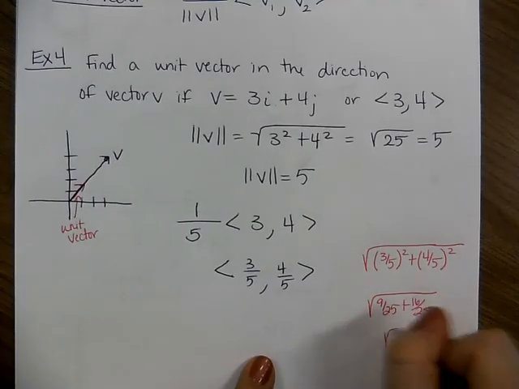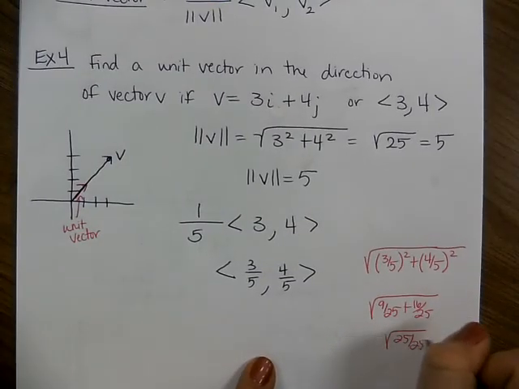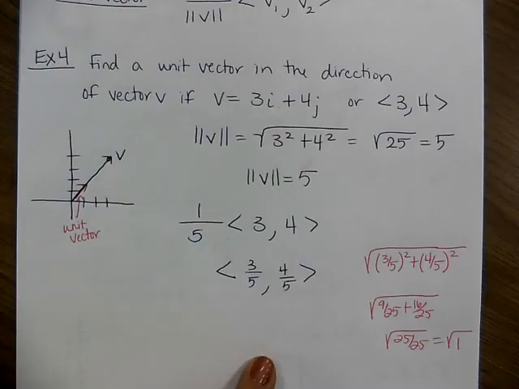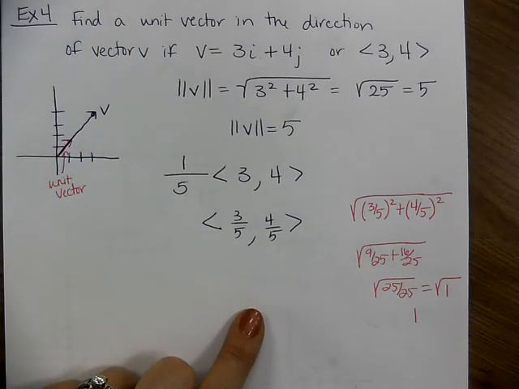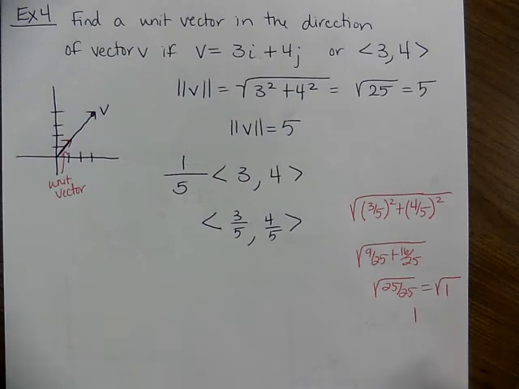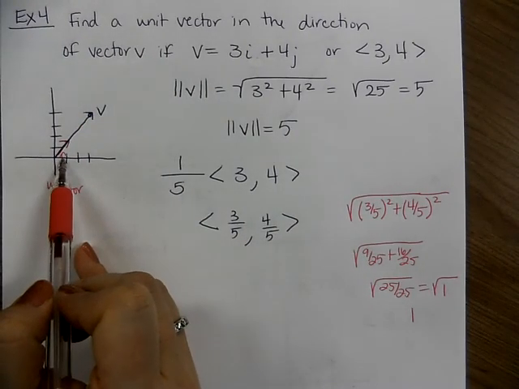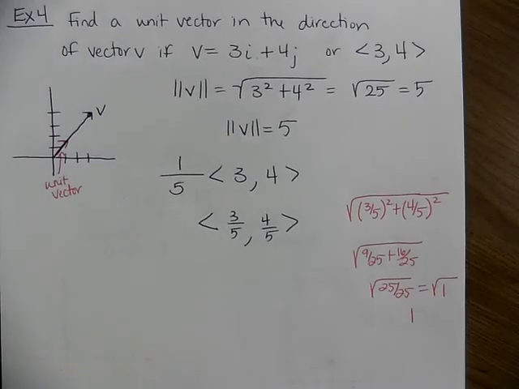What's 9 plus 16? 25. 25 divided by 25 is 1, and the square root of 1 is 1. So it checks out. That's a good check you could do if you're not sure you found the unit vector right. Notice it still has the same direction. I haven't changed that. You have just now counted over 3/5 and 4/5. Again, my picture isn't drawn very accurately, but that's okay. You get the idea.